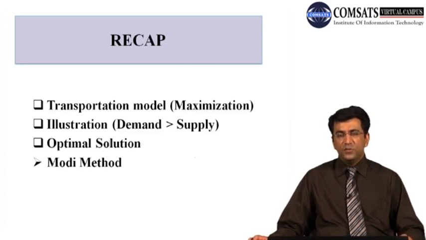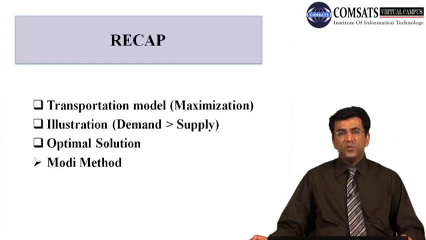In this way we can equate our total demand and total supply. The similar method we adopted when demand is less than supply, and in that case we added a dummy destination. So this is the step used to equate the demand and supply.